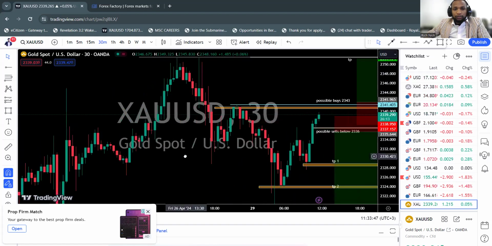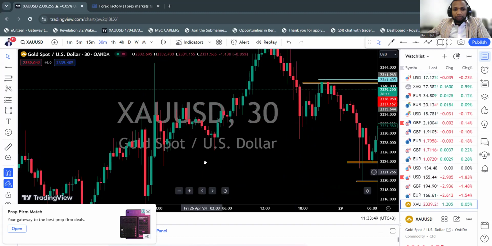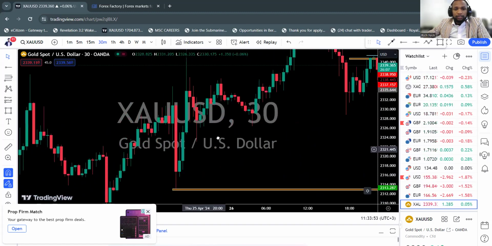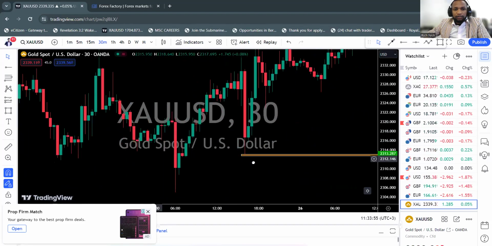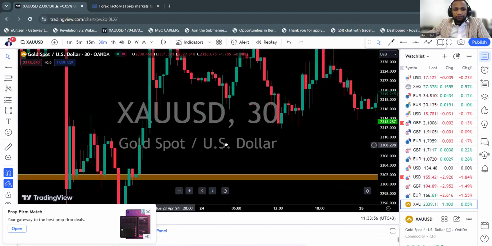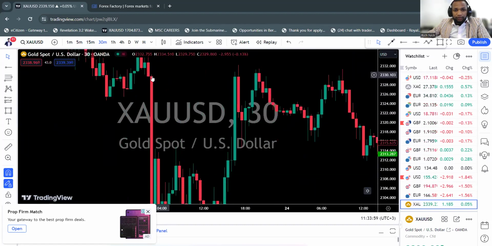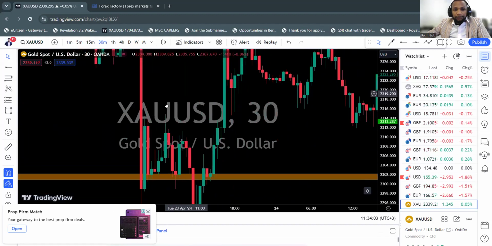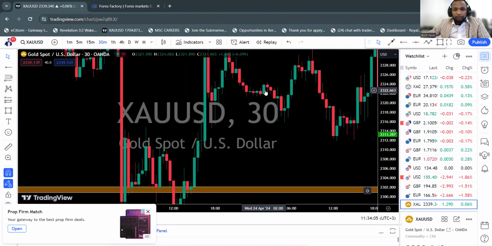So if you want to know a place where the market had more pressure, it will be seen by the size of candles that are forming, right? See, size of candles like this one all the way down to this point, that was a very high pressure area. But then you see there are other areas where there are no big candles, because the market at that time, probably it's a sleeping market.